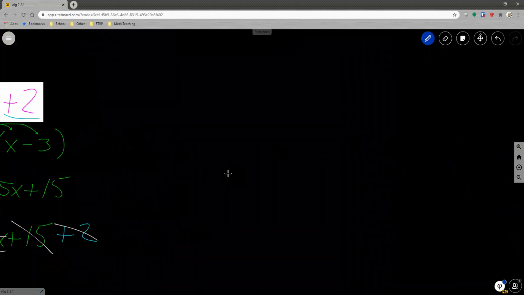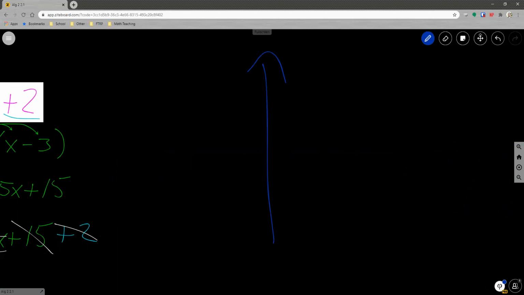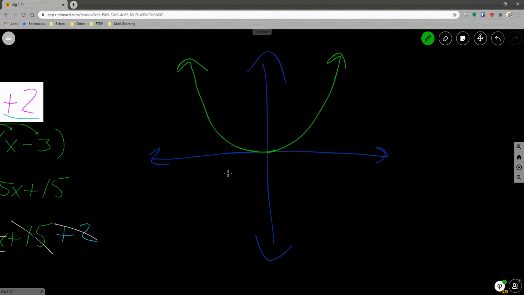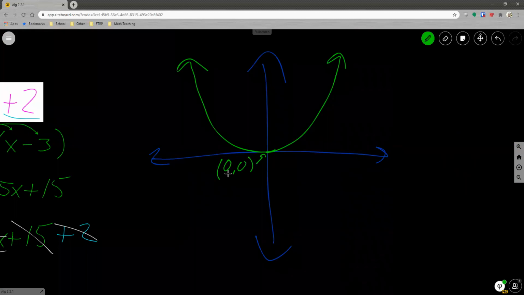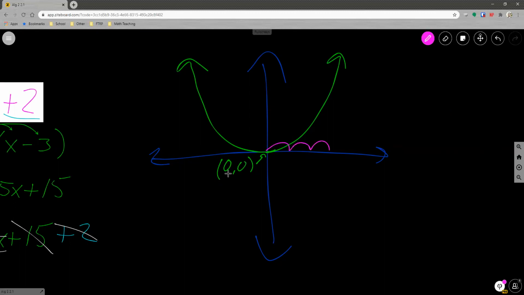So I can sketch out what happened very quickly. I know that my vertex for a standard quadratic is at 0, 0. Right there. Well, if I went to the right by 3, let's use pink, 1, 2, 3 to the right, and then I went 2 up. 1, 2 up. My new vertex would be right there.